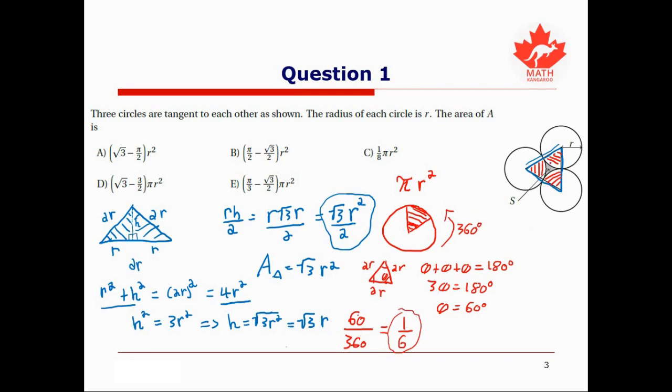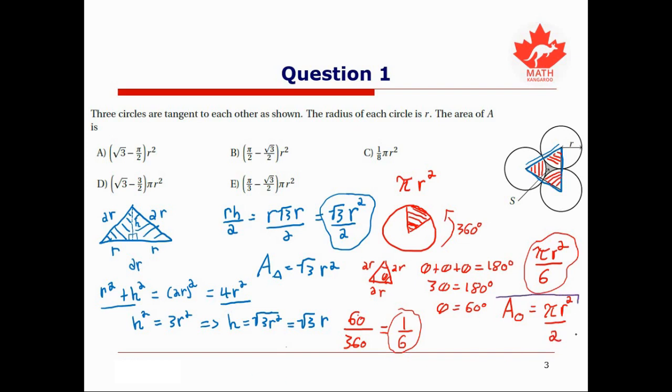Therefore, the area of any one of these circles within the triangle is simply pi r squared, the total area, divided by 6. But since we have 3 of these circles, all of the same size, that means the total amount of area contained in the circles is going to be 3 times this quantity. And since 6 is divisible by 3, one of those factors of 3 is going to cancel out, and we're left with pi r squared divided by 2.